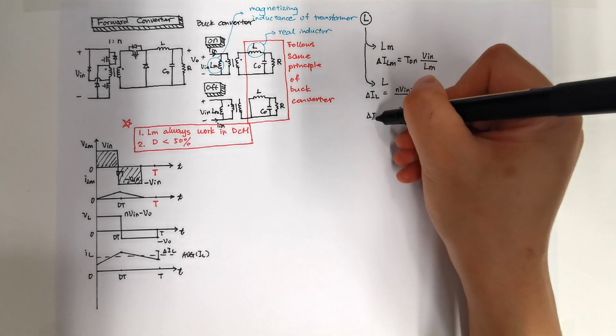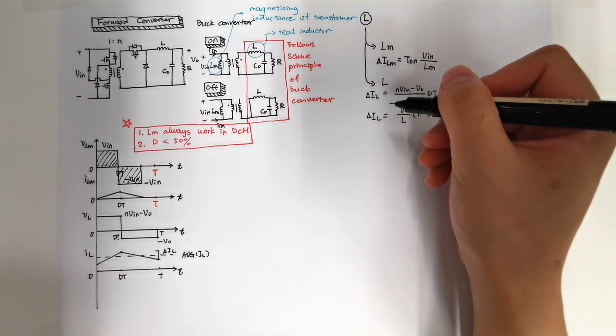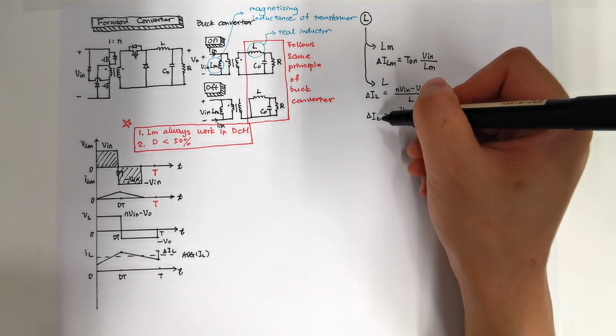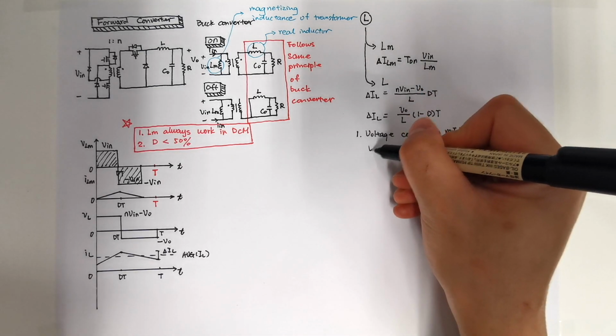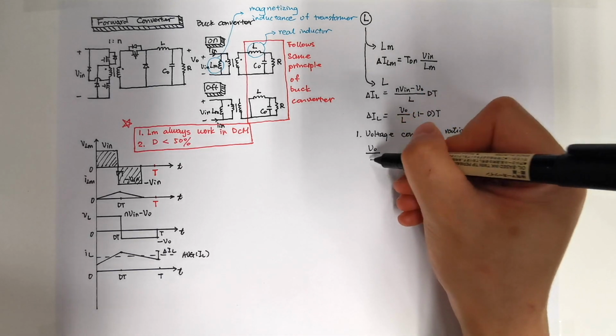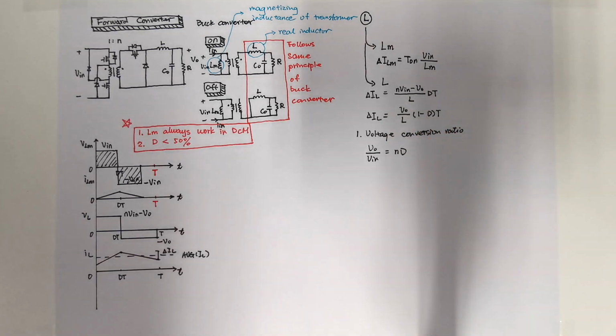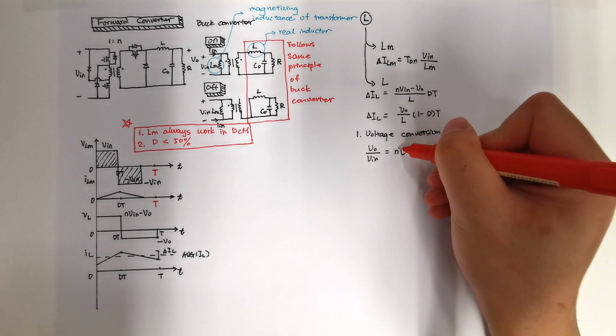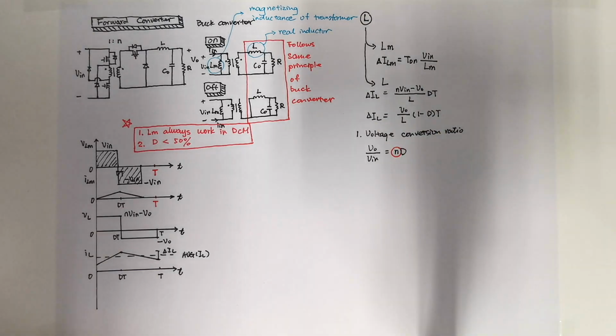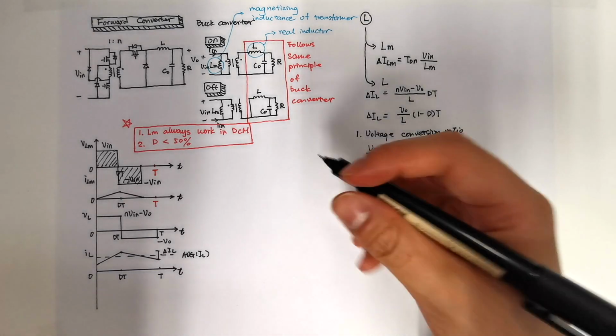So the on-state delta IL should be the same as our off-state delta IL. We know Vout divided by Vin equals N times D. The difference from our buck converter is we multiply by the winding turns here.